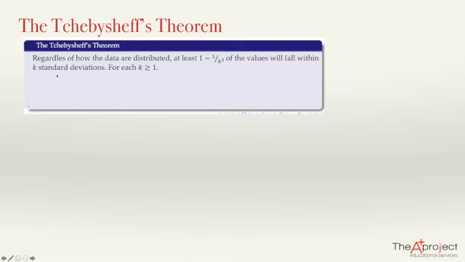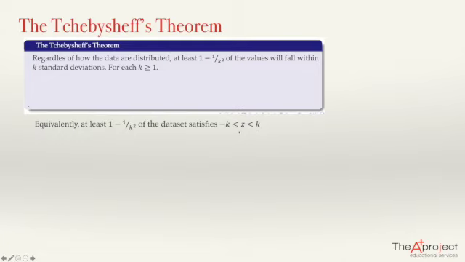Remember that the number of standard deviations that a value is from the mean is called the z-value. So another way to write this is: at least 1 minus 1 over k squared of the data set has a z-value between negative k and k.